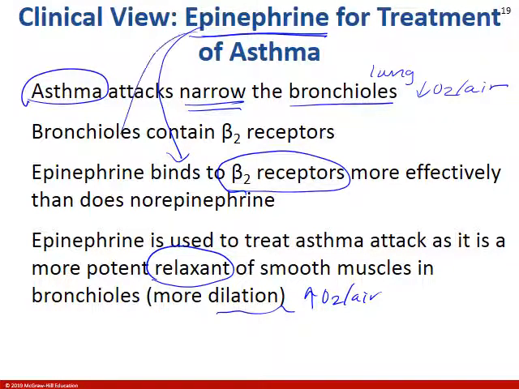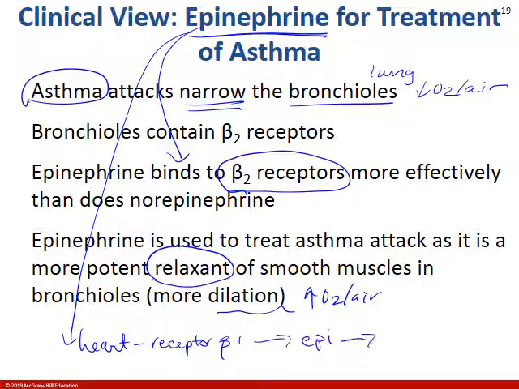The same neurotransmitter on the heart, except the heart has receptors that are beta 1, and when epinephrine binds the beta 1 receptors, it causes your heart rate to increase. So we have the same neurotransmitter doing both an excitatory event and an inhibitory event, depending on the organ and depending on the receptor.